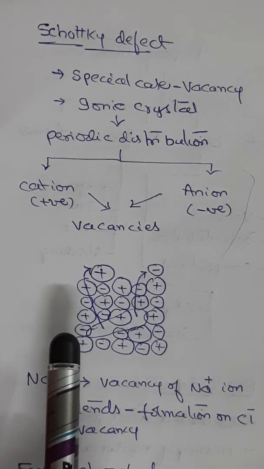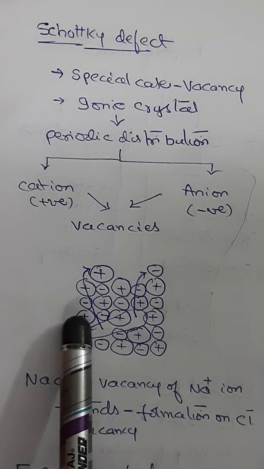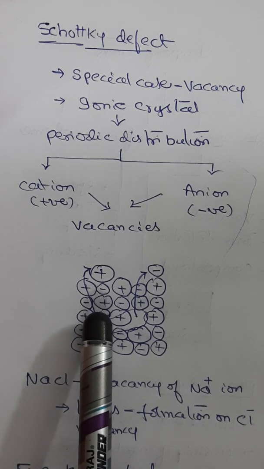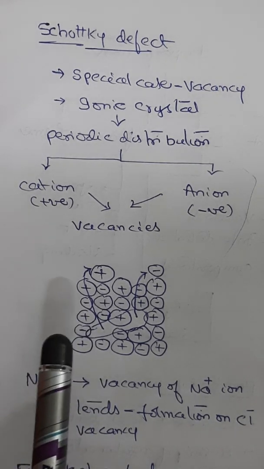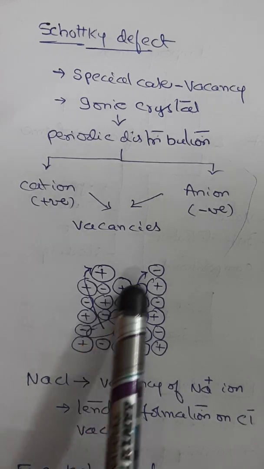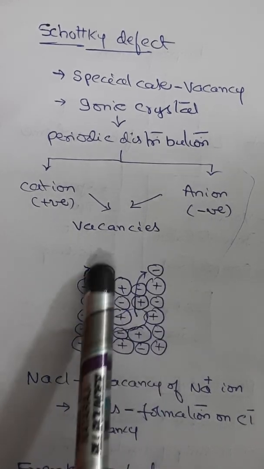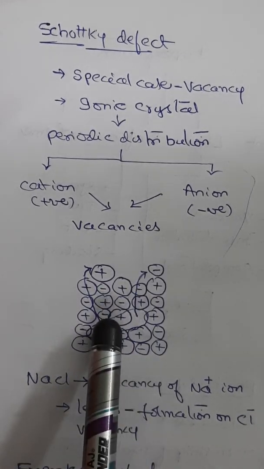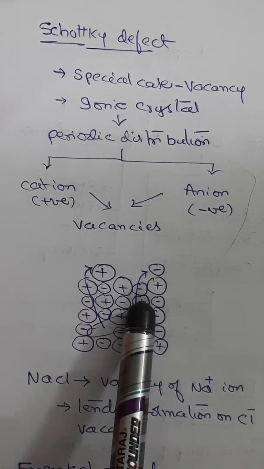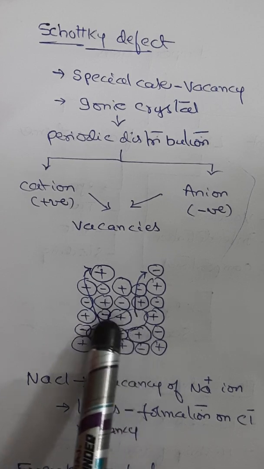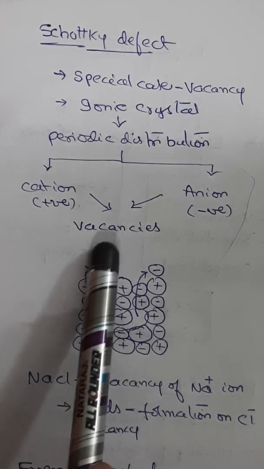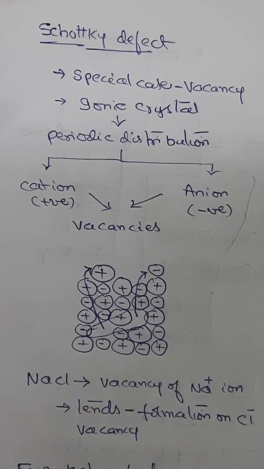A positive ion vacancy is generally formed when a positive ion from the interior of the crystal moves out of the crystal to its surface, like this.